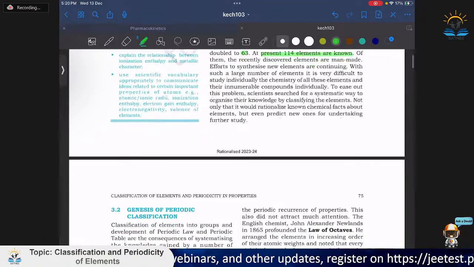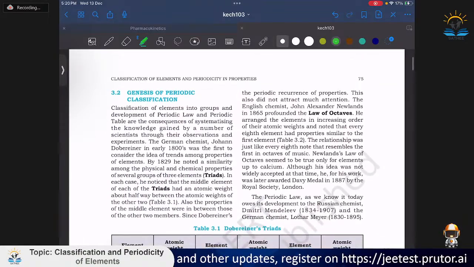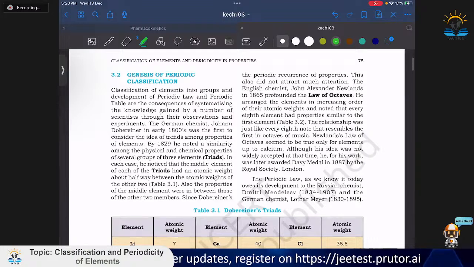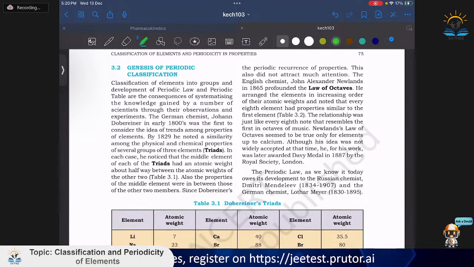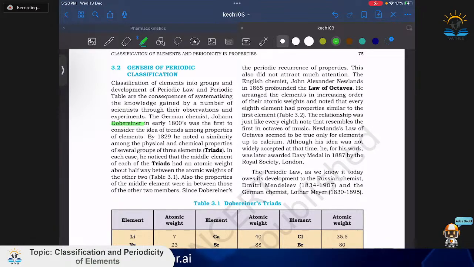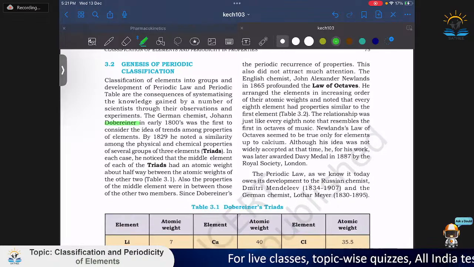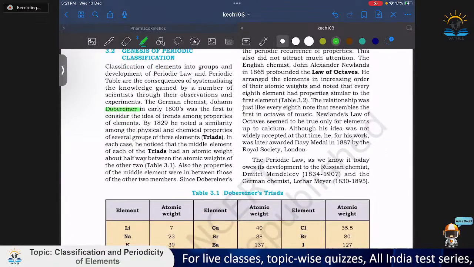Okay, we'll move forward. The genesis of periodic classification: there were some historical efforts made to classify elements. The first was Dobereiner's triads.